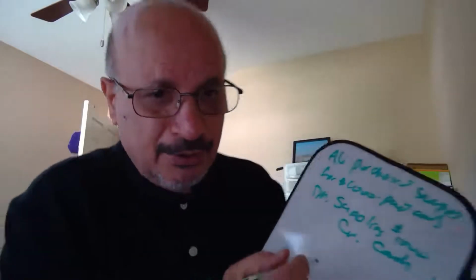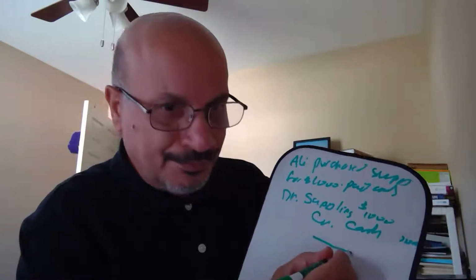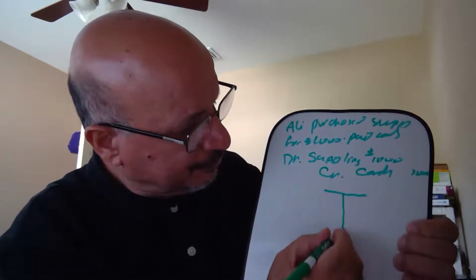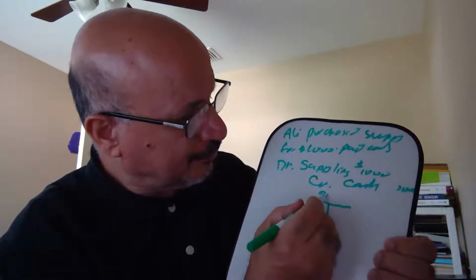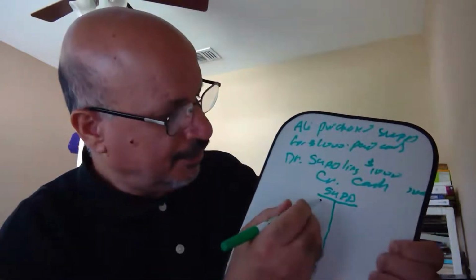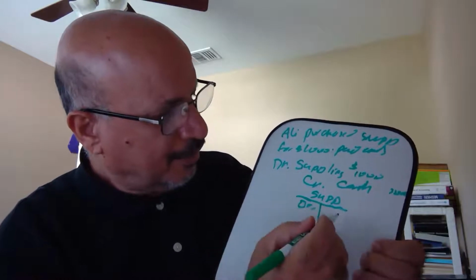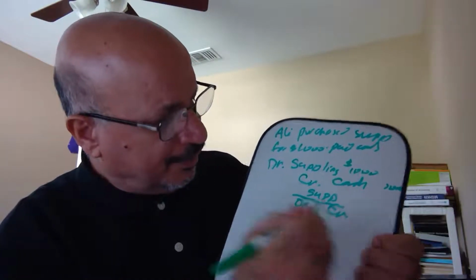All right, if I want to do a T account for supplies, the left side is the debit, the right side is the credit.